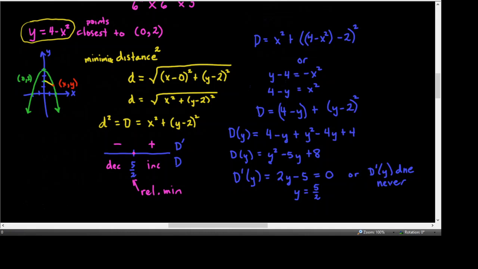And let's see, what's our domain for y? Because it's considered an independent variable here. What are the values of y? Well, the domain of y is negative infinity to 4.